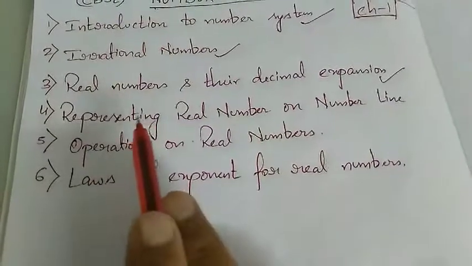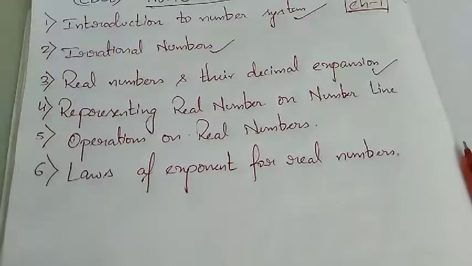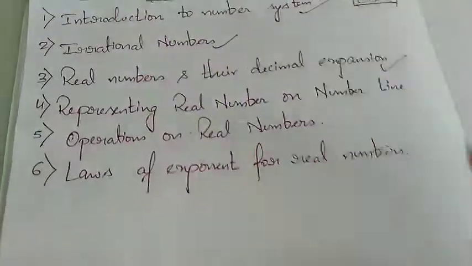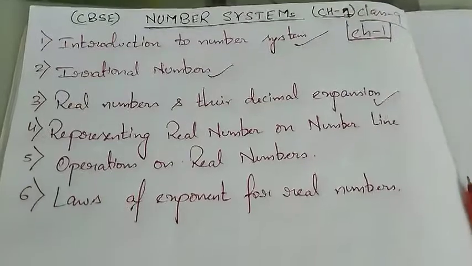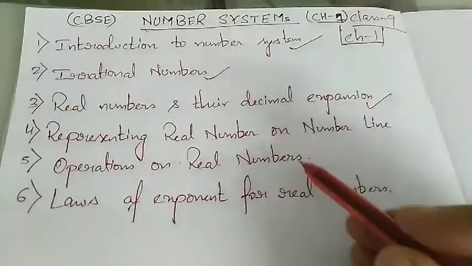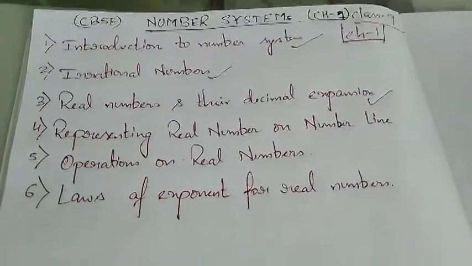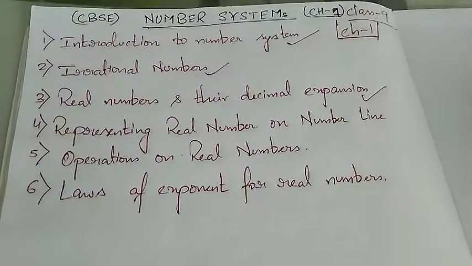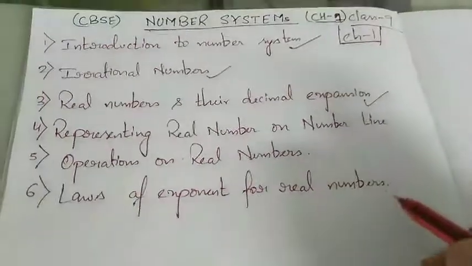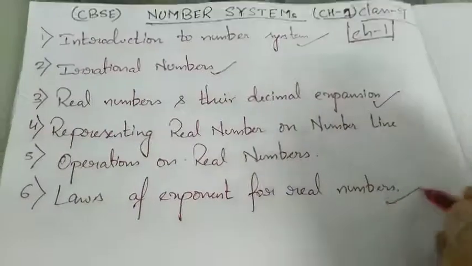Then we will represent a real number on the number line, and it's much easier. I'll show you with a complete pictorial diagram, so you will be able to understand well. Then we will have some operations on real numbers, like addition, subtraction, division, multiplication, and even rationalization. Next we will come to surds, or the laws of exponents for real numbers.